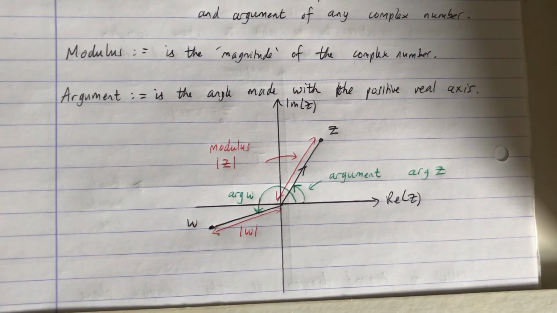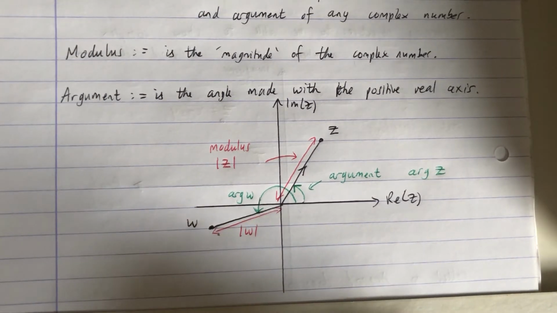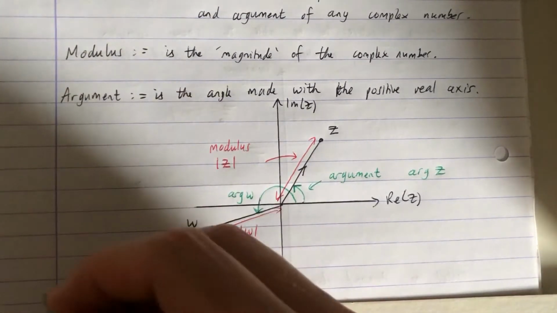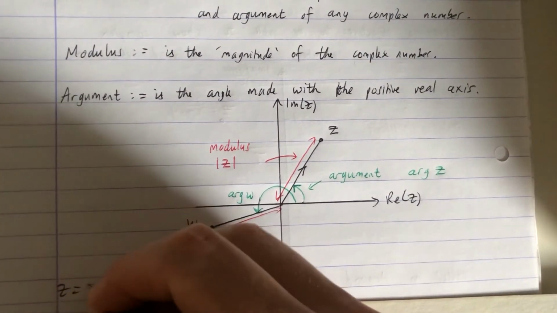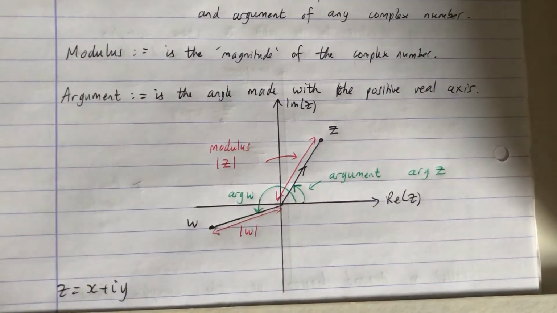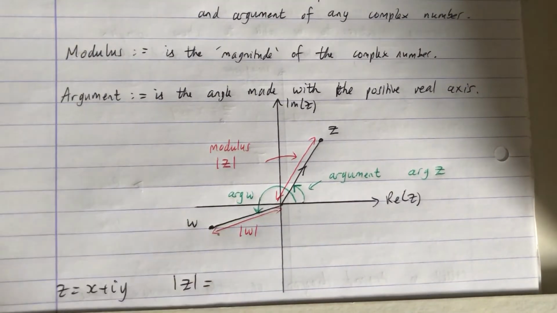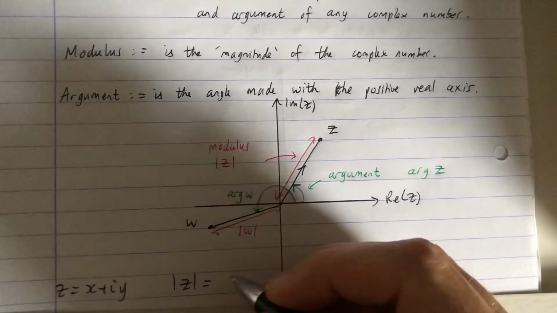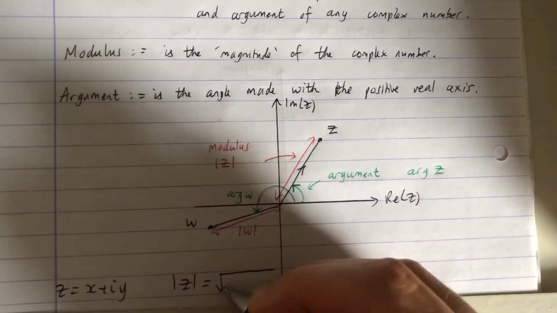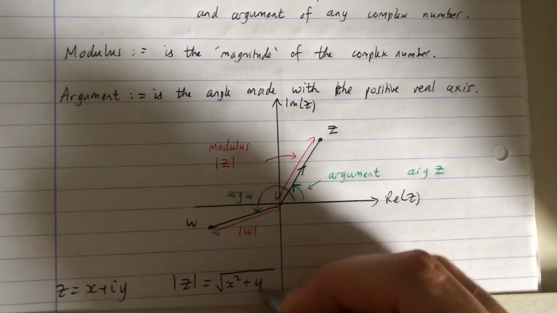A few things that you might want to state, some formulas, but it is kind of stating the obvious. So if z is equal to x plus iy, then the modulus of z, the method used to work out the length of this vector, is Pythagoras' theorem. So it would be the square root of x squared plus y squared.